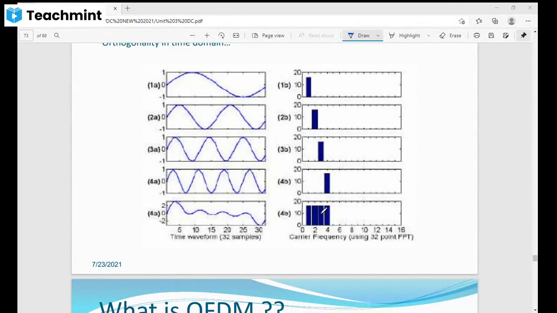These signals will be sent parallelly, that is the thing.